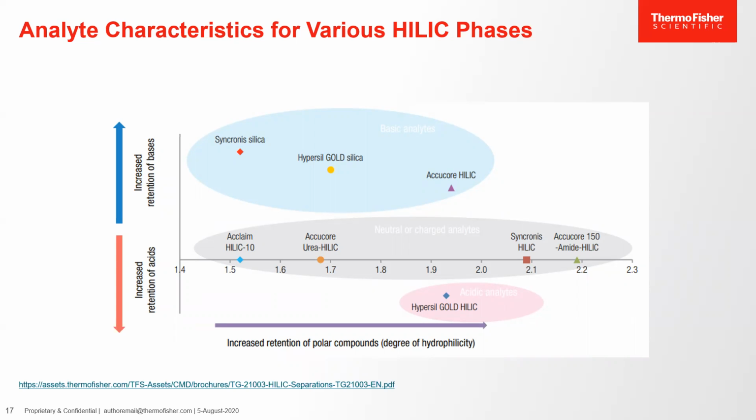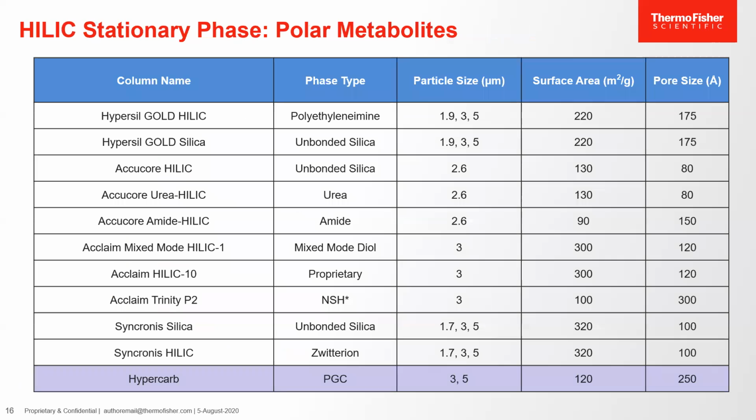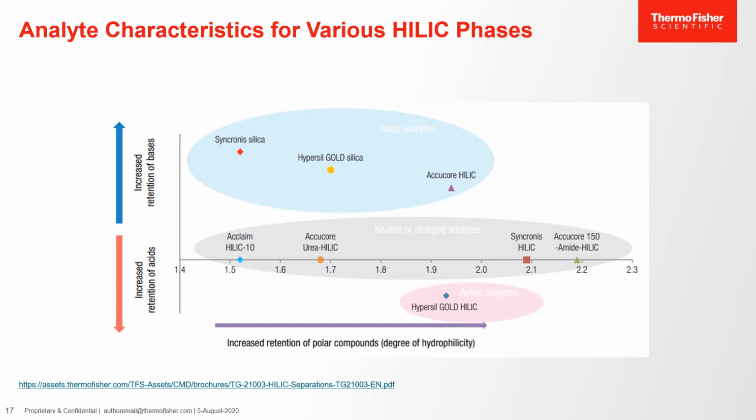So this is the more visually pleasing version, like I said, of that table for the HILIC side of things. Here it doesn't really talk about the acidity or pH of these compounds, which again, if your pHs are varying, will also help you determine which column is going to be your best one.